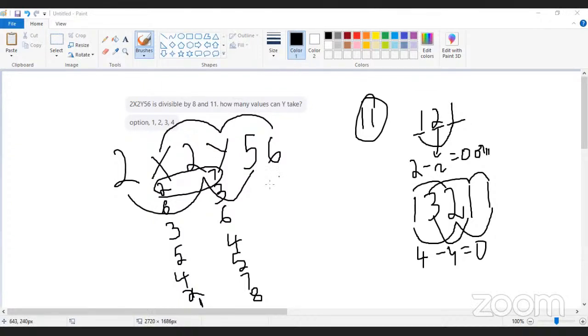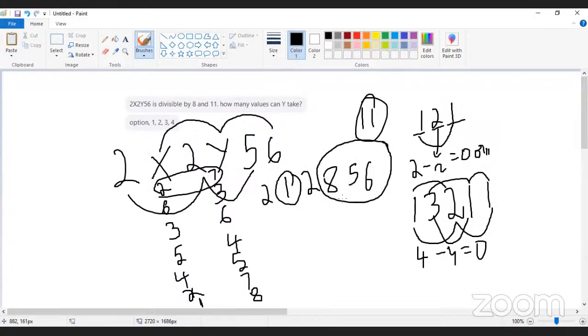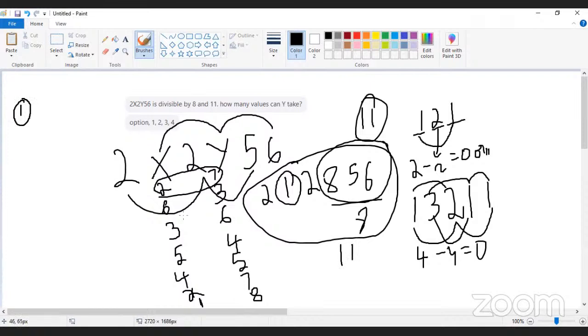So I will write a simple number, let us have this as 1, 2, 8, 5, 6. The last 3 digits are divisible by 8, and also the complete number will be divisible by 11. So by that way, we can say one option for sure. Now like this, check what other options are there.